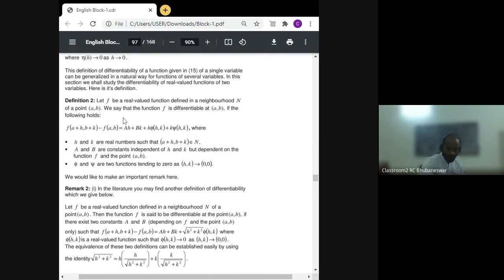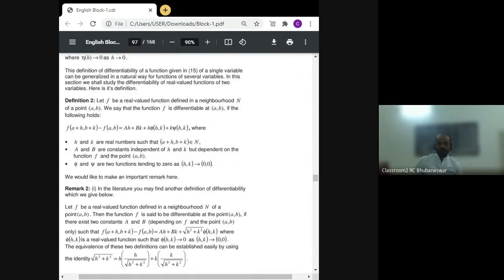Let us focus on the condition: f of a plus h comma b plus k minus f of a b. Now look at the left hand side of the expression, that is the difference between the functional value at (a, b) and at (a plus h, b plus k). That means we are calculating the increment, or the change, in both the directions x as well as y.